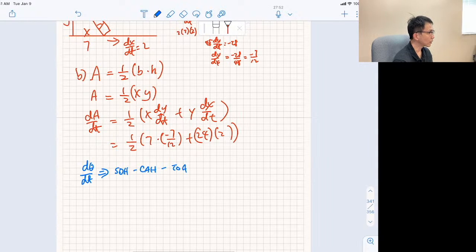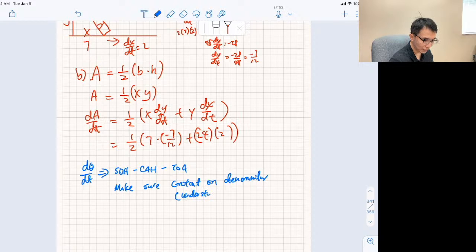Once you figure out SOHCAHTOA, the best thing is to make sure the constant is on the denominator. And also make sure you understand which one is a variable, and understand what a variable is.